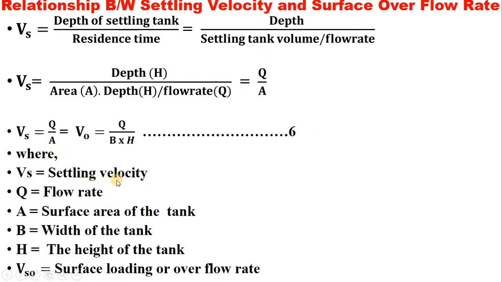Here Vs is the settling velocity, Q is the flow rate, A is the surface area of the tank, B is the width of the tank, H is the height of the tank, and Vs is the surface loading or overflow rate.